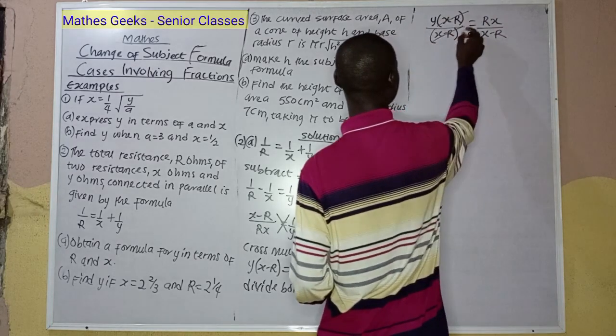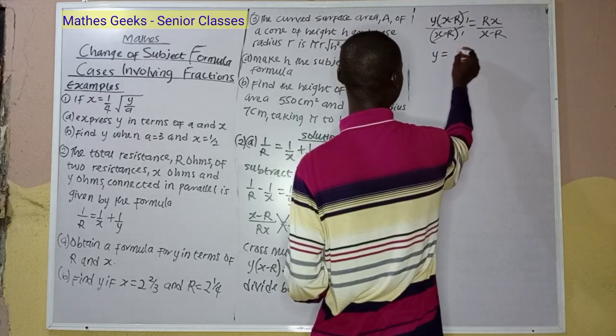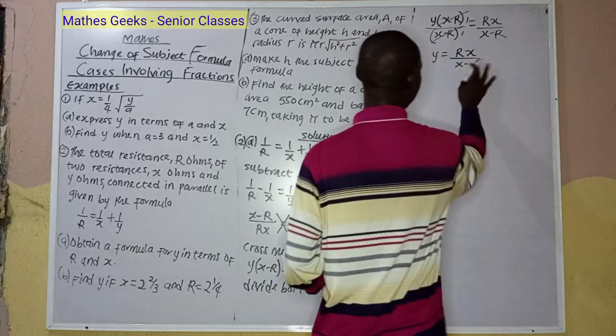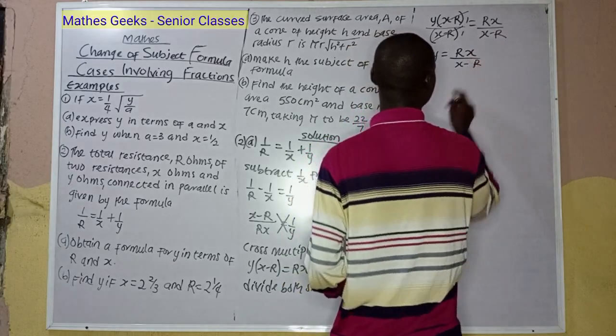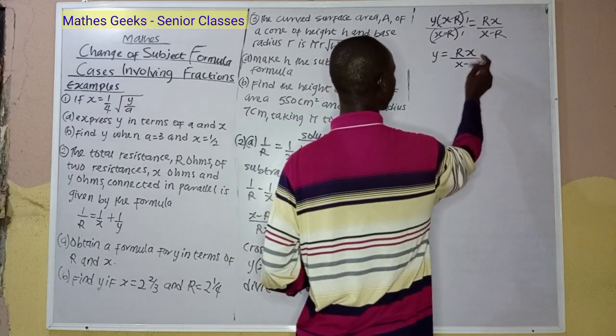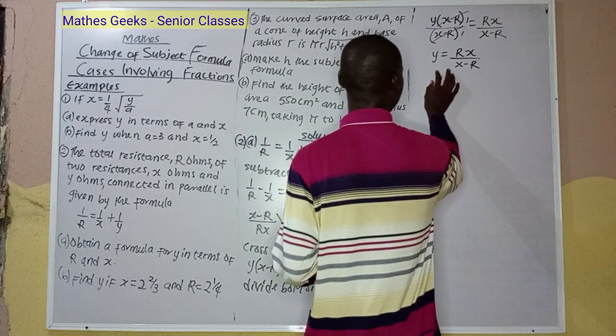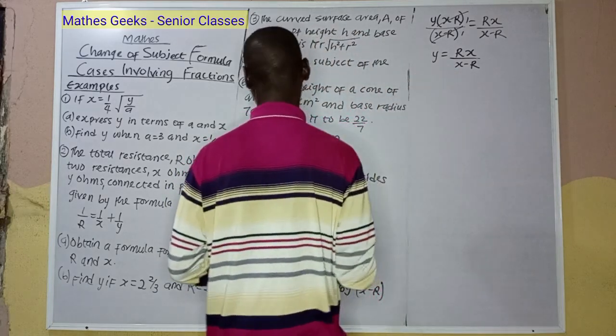So this will eliminate 1, 1, and y is equal to rx over x minus r. Okay. So by this, we've made y the subject of the formula.